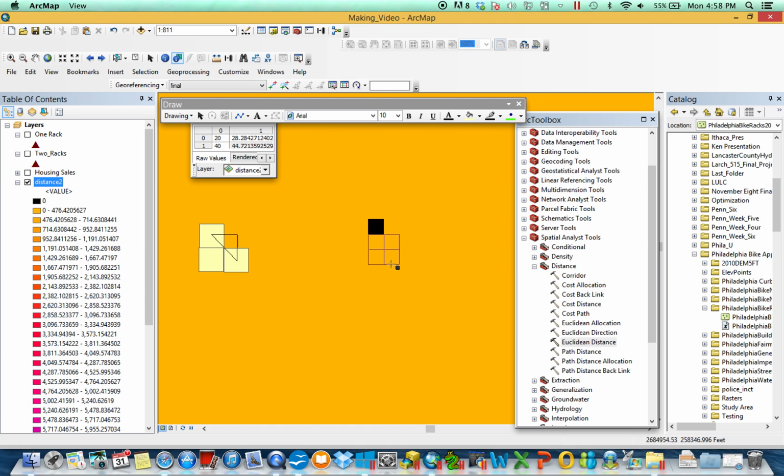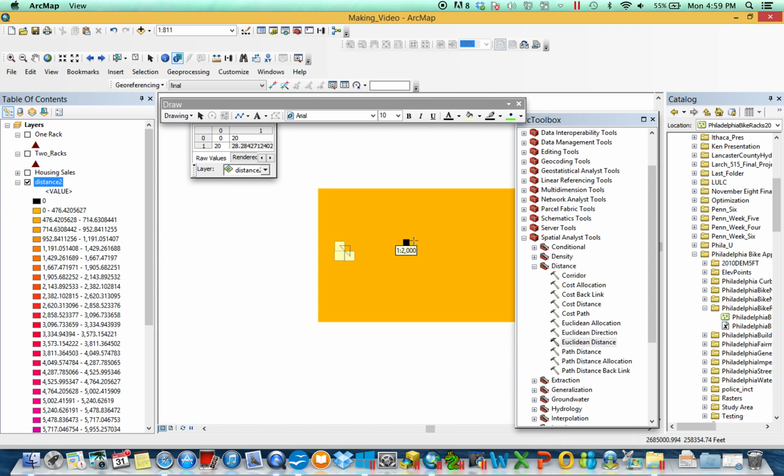It's very easy because it just increases by the cell size whenever you're moving up, down, left, or right, and whenever you go across the diagonal, it's measuring the square root of the sum of the cell sizes squared, right? So 20 squared plus 20 squared is 800, and the square root of 800 would be the distance going from center to center if you're going on a diagonal.